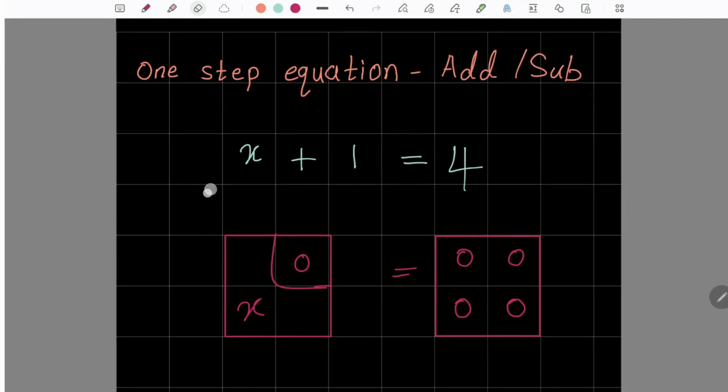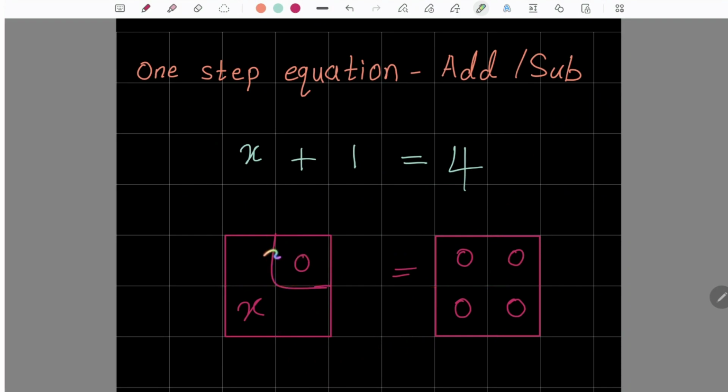Okay, let's move on to the next equation. So we have x plus 1 equals 4. Now if I draw the diagram for that, I would get x plus 1 equals 4. We know that it's going to be equal sized, right? Since they are equal.